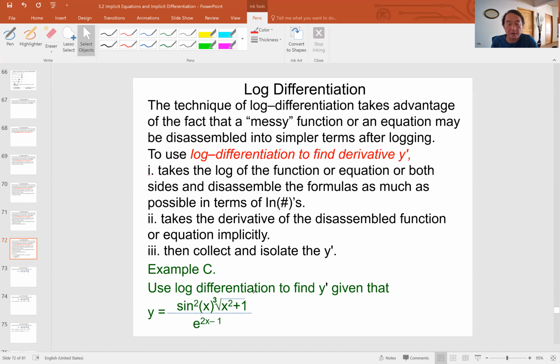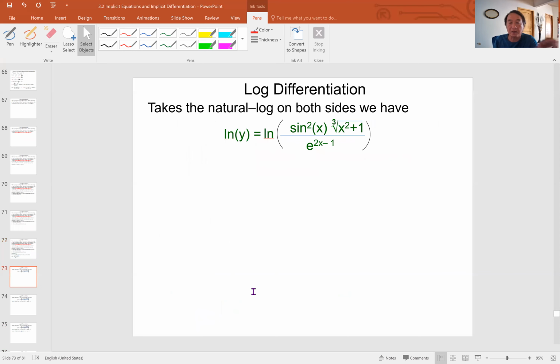So instead of finding the derivative of this using the quotient rule, product rule, or going through all the chain rules, we take the log of both sides. In other words, if I interpret this as an implicit equation, I can try to find dy/dx. You say, well, why?